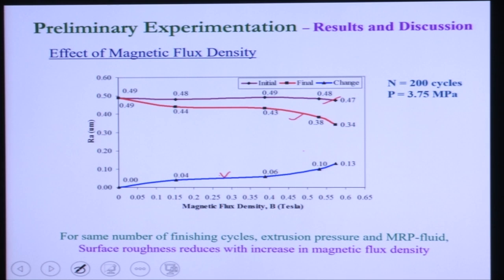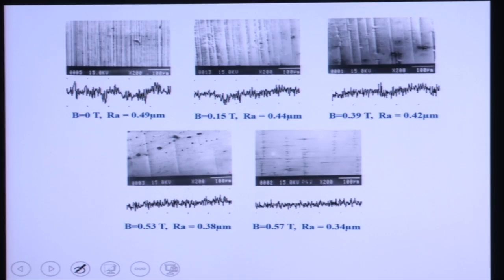Now, we are going to discuss the explanation. You can see here the scanning electron microscope photographs of workpieces at different magnetic fields. At 0 Tesla magnetic field, the initial surface roughness is 0.49 micron.